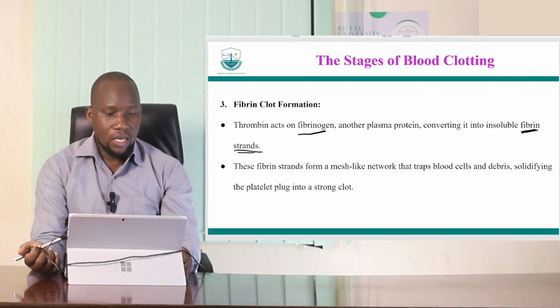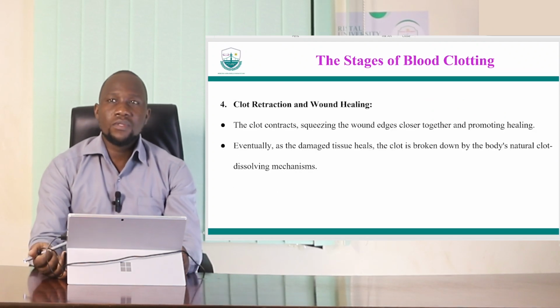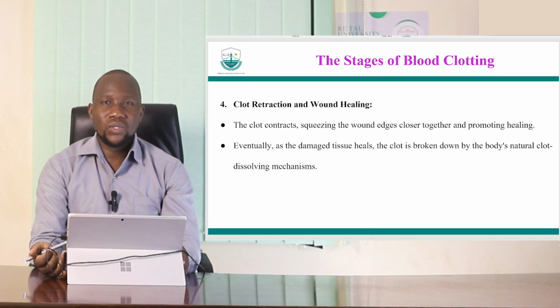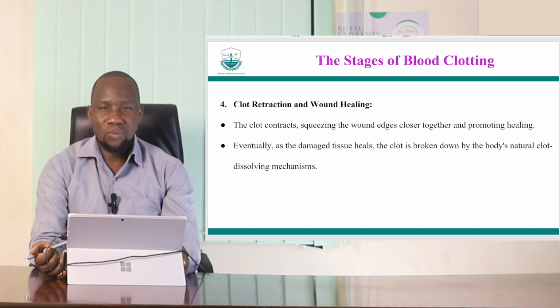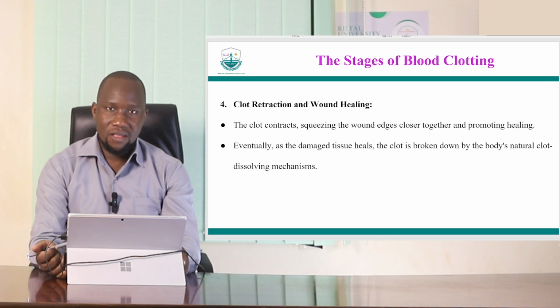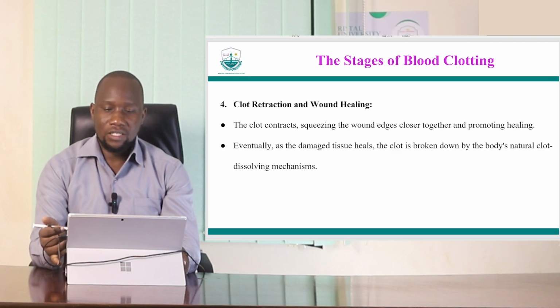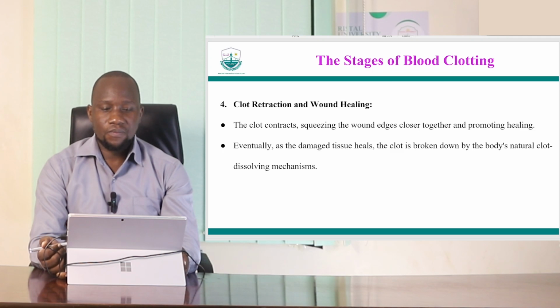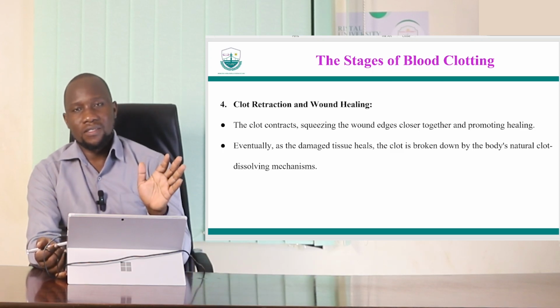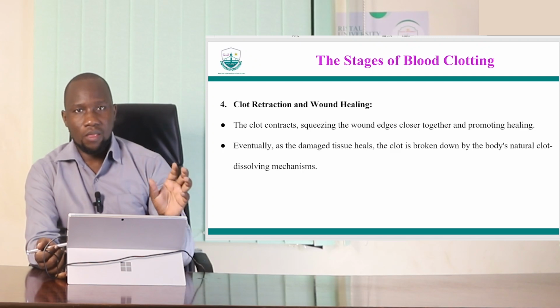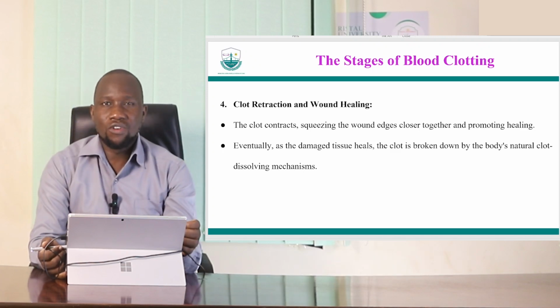Okay, and then it means that if the blood clot has been formed, blood loss is actually controlled, or bleeding is actually controlled. The next thing is the healing to happen. Okay, so that means that the healing is enabled if you have a proper clot that has been formed.